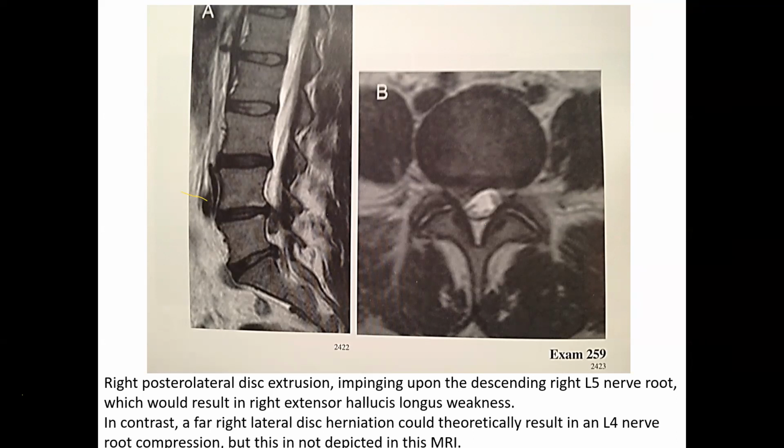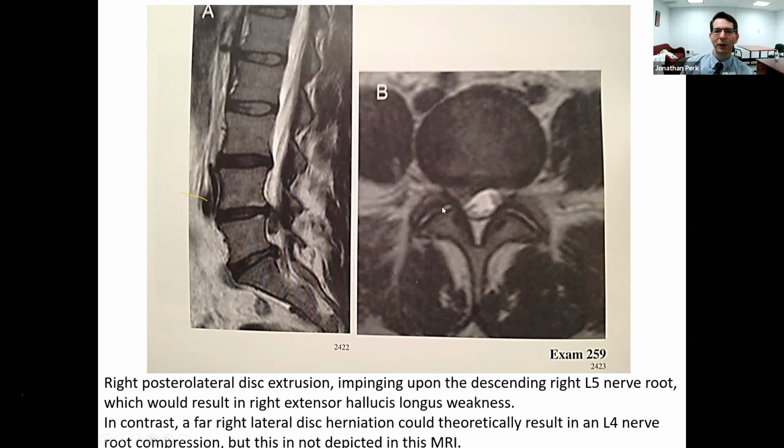An L4, L5 right paracentral disc herniation would impinge on the right L5 nerve root, and the foot drop is caused by that, since the root for dorsiflexion is L5. Absolutely. So here, look at the axial, and you see the disc herniation here, which is a medial herniation.